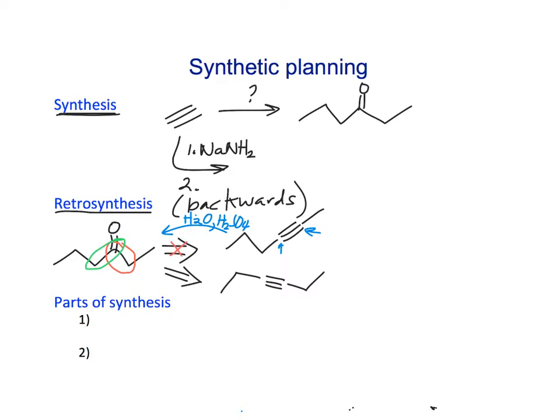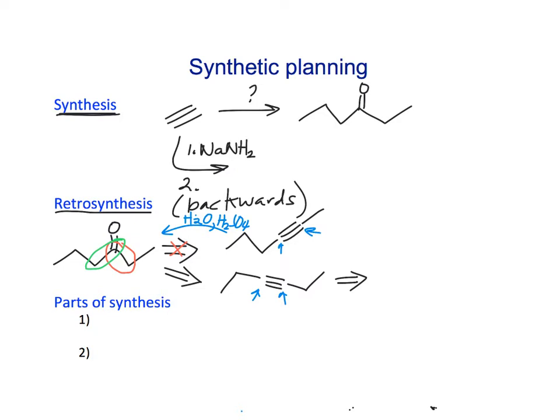Notice on the bottom option, if the OH ends up here or here, we get the same compound, right? The ketone at either of those places is our product. So this is a very good intermediate. From there, we can ask ourselves, what can we make this alkyne from?